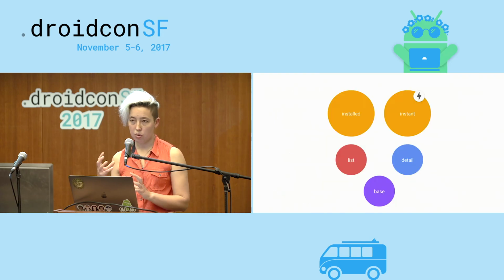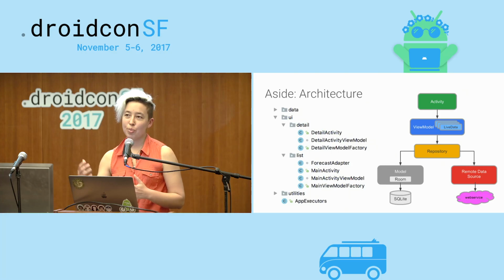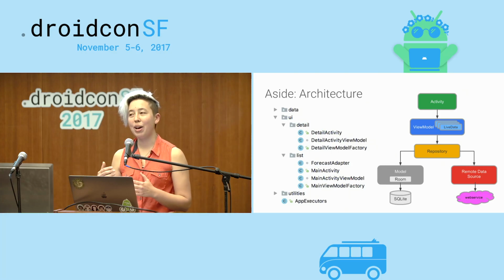Okay, so a quick call out to something else that I've been talking about and learning more about myself. One of the reasons that this took me less than a day, that it was so easy to do, was because I had previously spent many weeks implementing an architecture based off of the guidance from the Android architecture components.